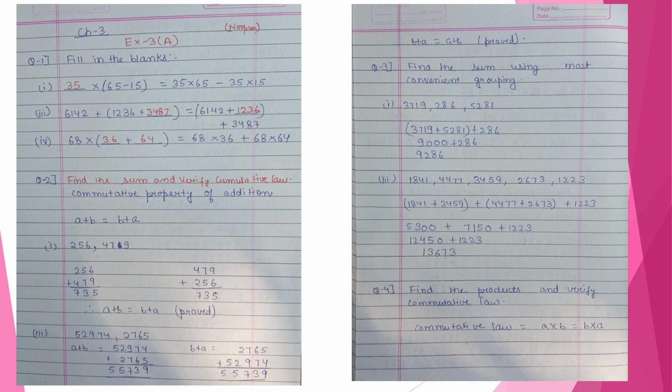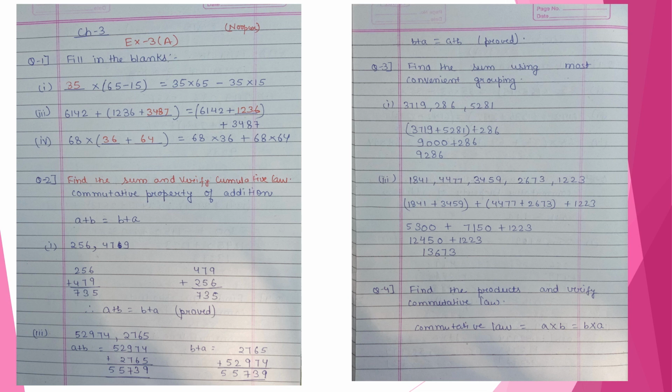Third part, 1841 plus 4477 plus 3459, 2673, 1223. So in this again we have to take the grouping in such a manner that we have to see the last digits of the given number, like 1841, the last digit is 1, 3459, the last digit is 9. So when we will add them, we will get the last digit as 0.